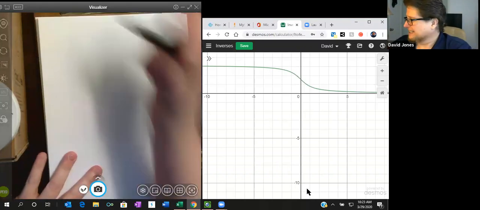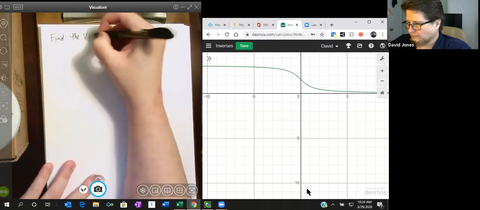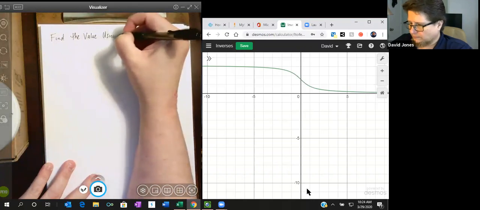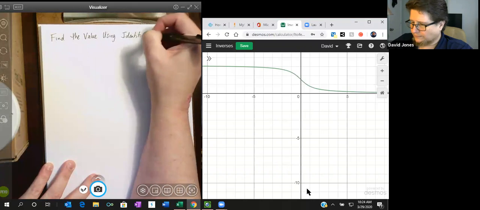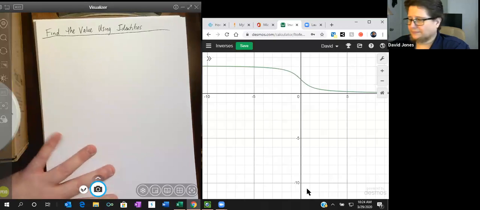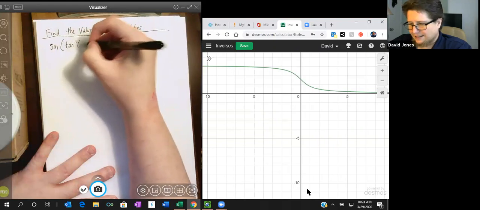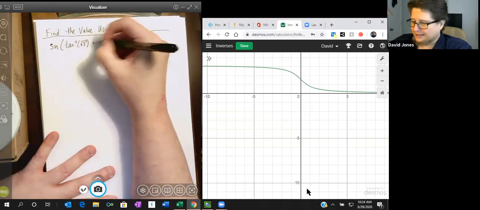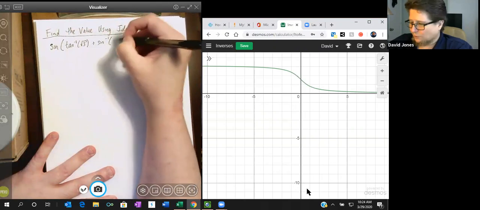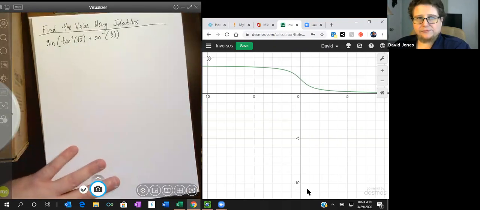Let's take a look at find the value using identities. Sine of tangent inverse of square root of 3 plus sine inverse of 1/3. I guess I don't need Desmos anymore.